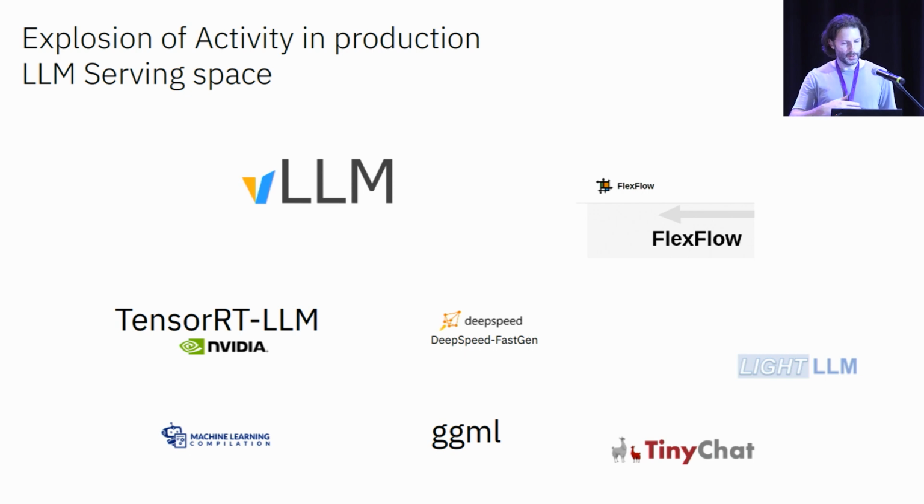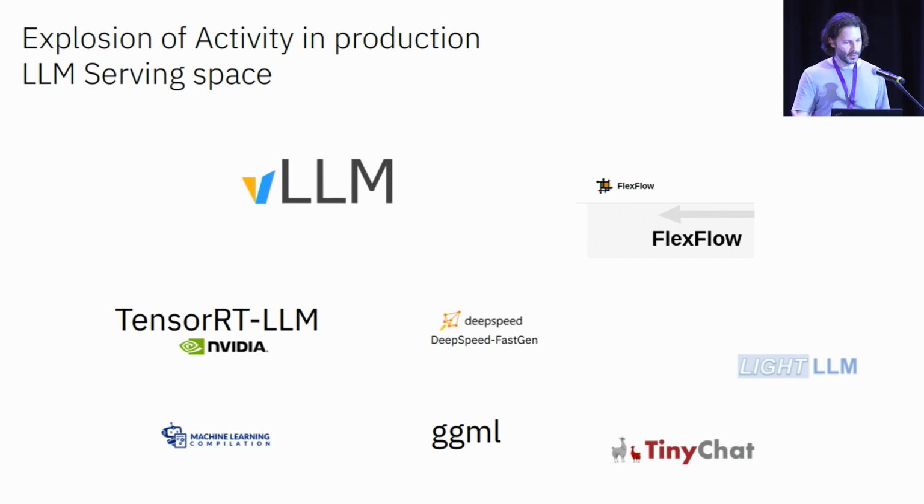So since we got involved maybe 18 months ago, there's been an explosion of activity in this space. I mentioned VLLM, that's one of the most prominent servers now, and they incorporate a lot of the techniques like continuous batching, and they're looking at incorporating all the new models and the new techniques that come out.